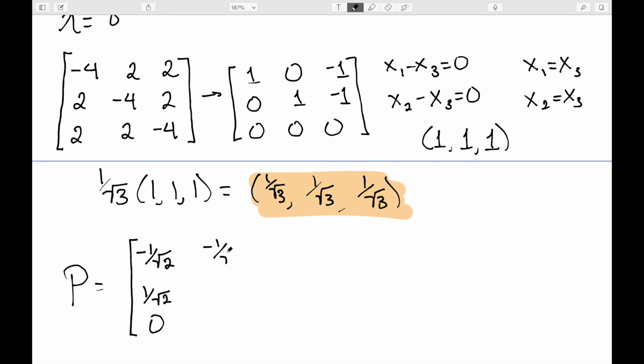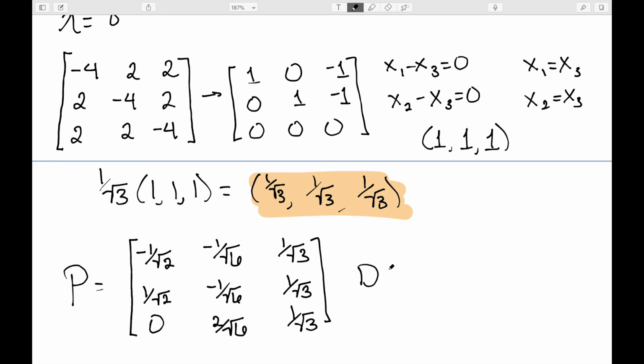The second one was -1 over root 6, -1 over root 6, and then 2 over root 6. The third one, 1 over square root of 3, 1 over square root of 3, 1 over square root of 3. For the matrix D, the first two eigenvectors in my matrix P came from an eigenvalue of 2, and the third came from an eigenvalue of 8.